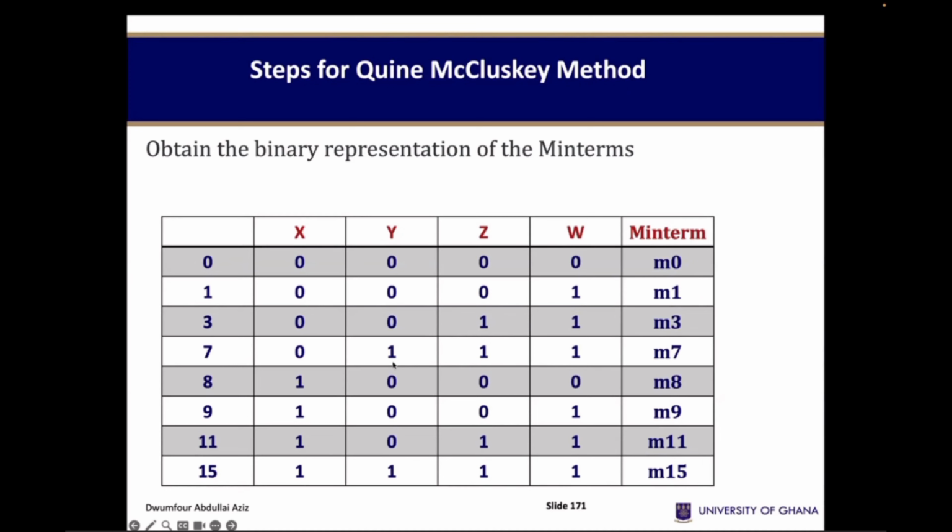Once you write them in binary, that is the first step. And then for each of them, we use their minterm symbol to represent it. Right, so we have this. Once we are able to get this, the next step is the grouping.